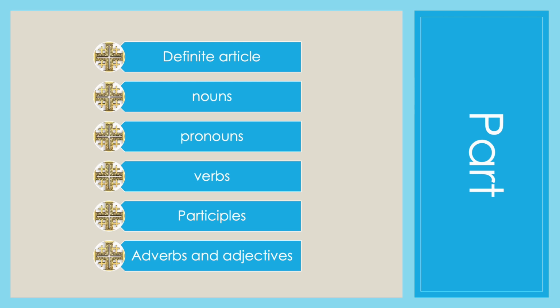The verbs are the doing words. Participles. These derive from verbs but act like adjectives or sometimes nouns. And then there are adverbs and adjectives and a few other things that we will come to later on in the course.